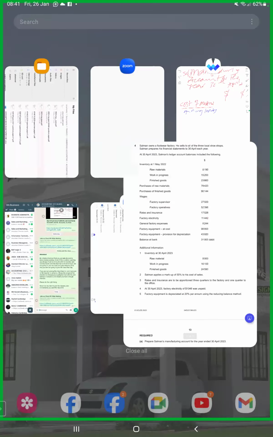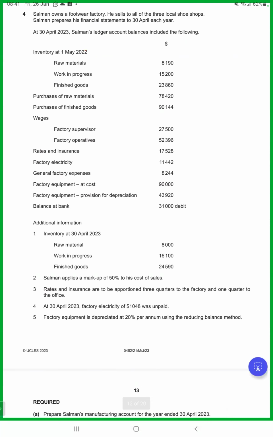Let's get back to the question. What is the opening inventory of raw materials? Anyone turn on your mic and just share the solution. What is the opening inventory? Zaid? Yes, what could be the opening inventory of raw materials?